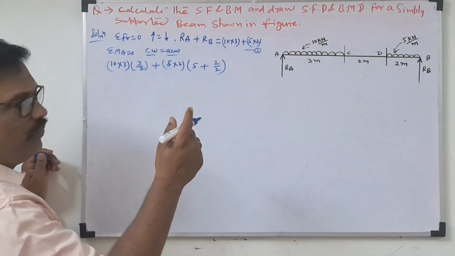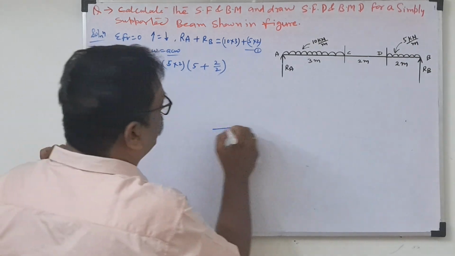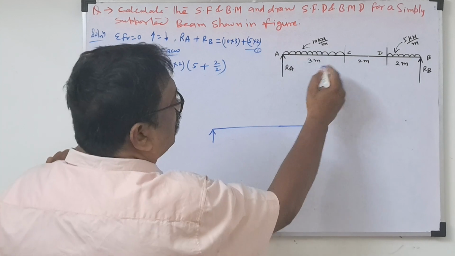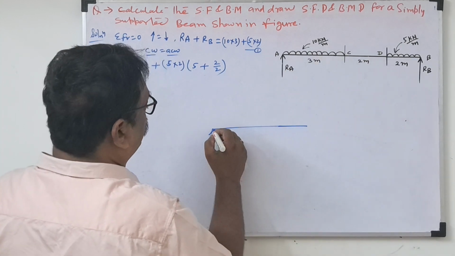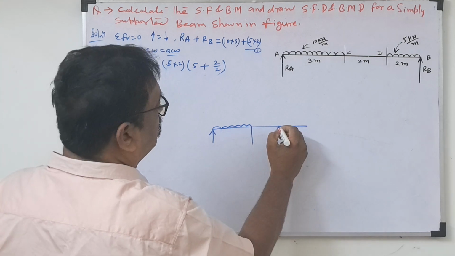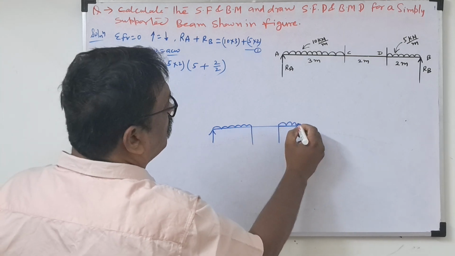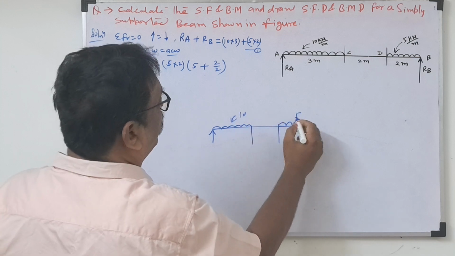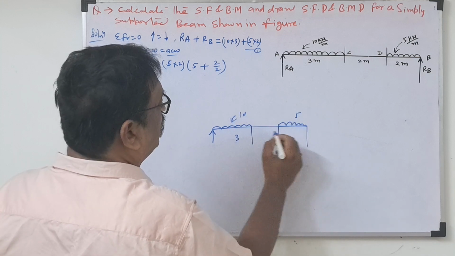I already discussed this in a previous video. Suppose I draw the load diagram for this. If you draw the load diagram here, 10, here 5, this is 3 here, 2 here.